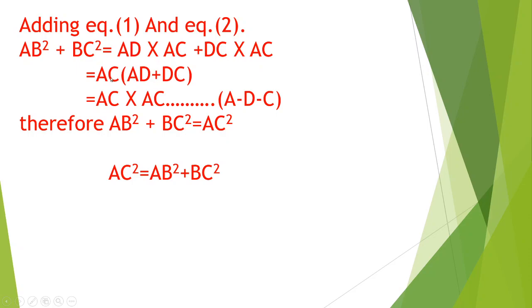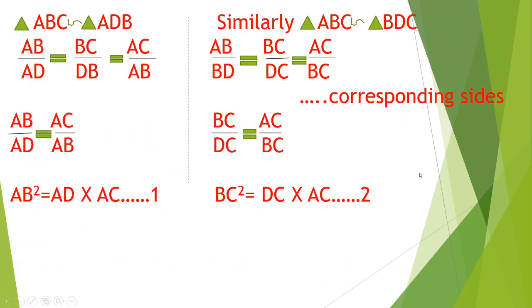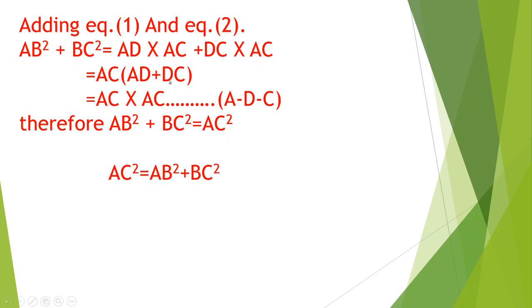But in the figure you can see that AD plus DC is equal to AC, because A, D and C all lie on side AC.